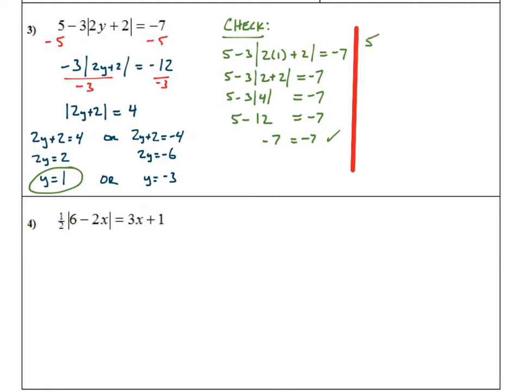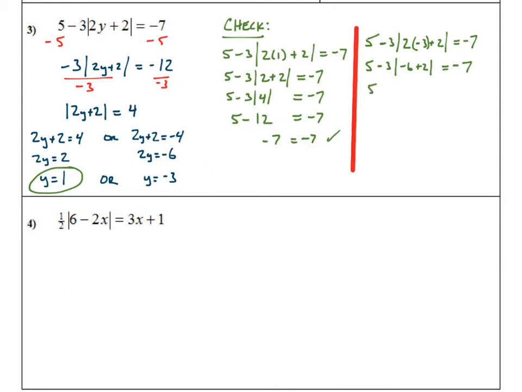So here I'll have, again, 5 minus 3 times the absolute value of 2 times negative 3 plus 2, closing the absolute value, and we're checking to see if that's equal to negative 7. Working that down, I'll have 5 minus 3 times the absolute value of negative 6 plus 2, seeing if that's negative 7.